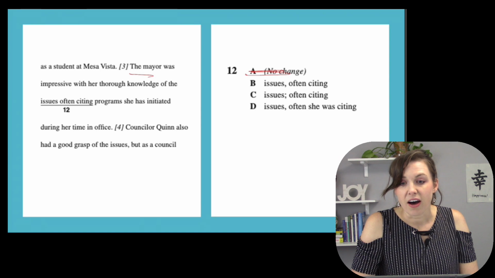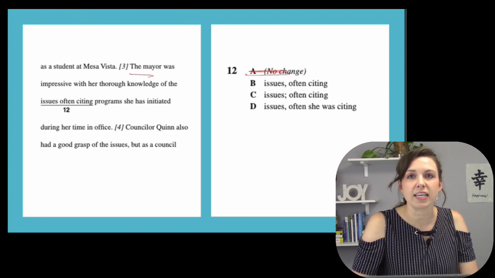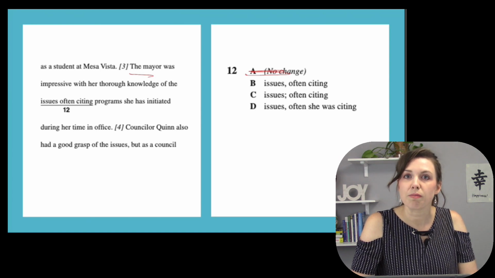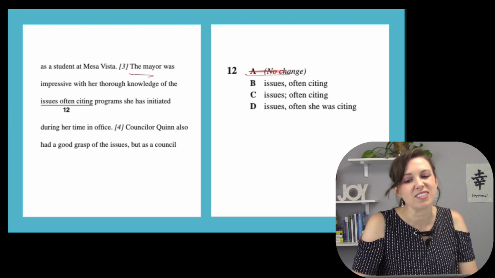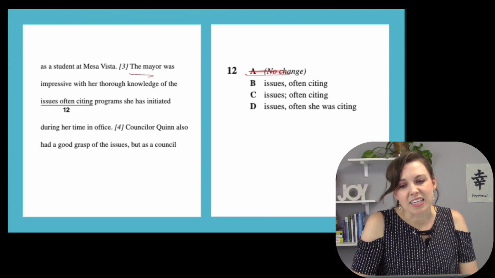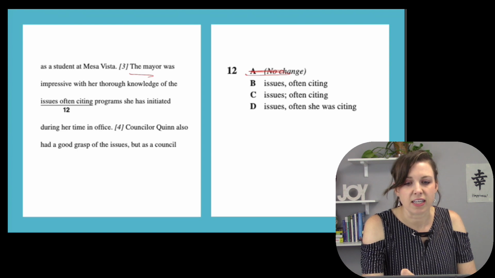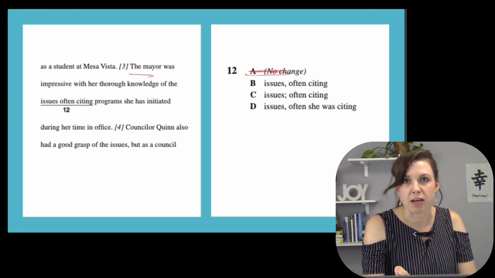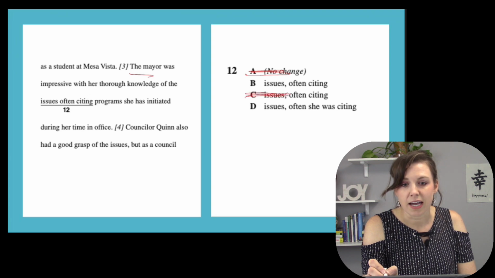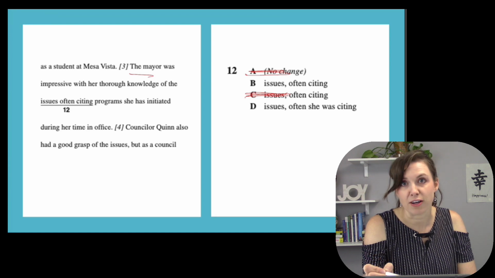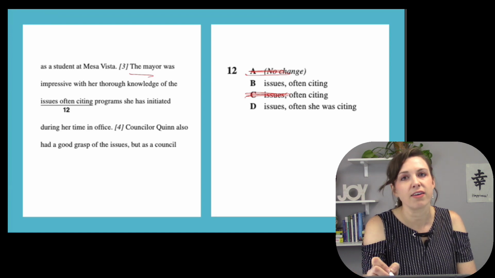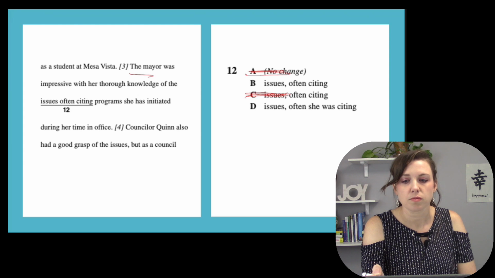C, though, on the other hand, turns it into 2 complete sentences, and the second half, often citing programs she has initiated during her time in office, that is missing a subject. And no, she is not the subject in this case. The mayor is still the subject, so we can't have that there.